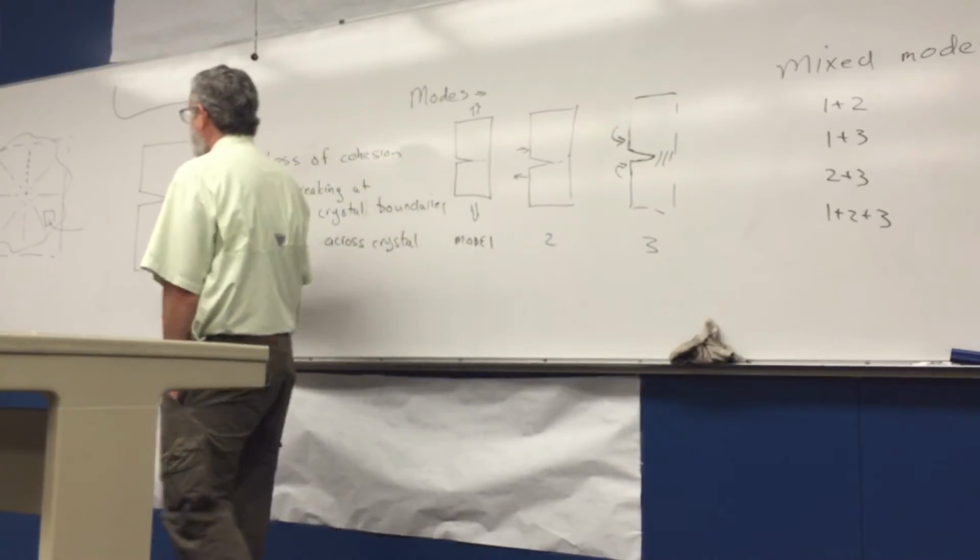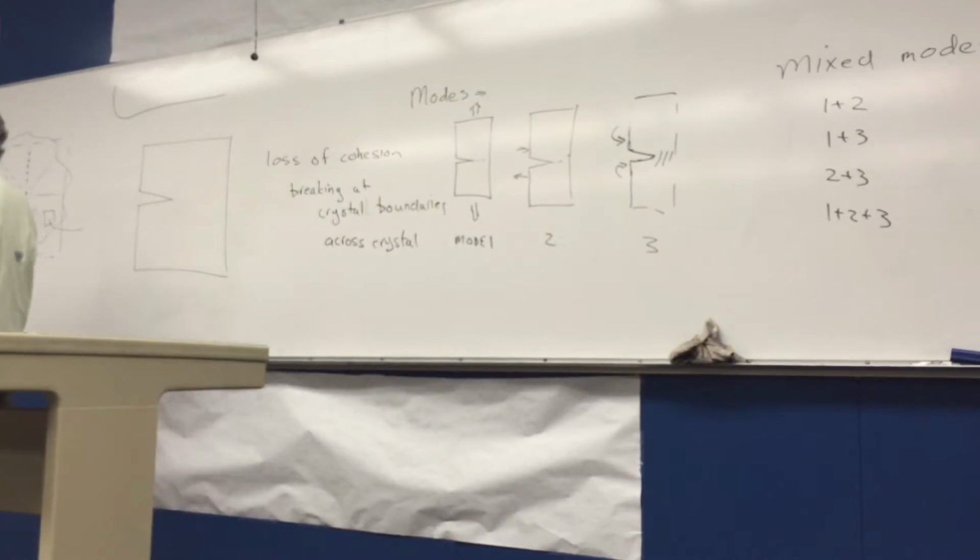If we're breaking minerals, or crystal lattices, then we have to think about, is it behaving brittly? Is it behaving as a brittle ductile material? Is it behaving as a ductile brittle material? Is it behaving as a ductile material? Each one will burn a different amount of energy in the system.